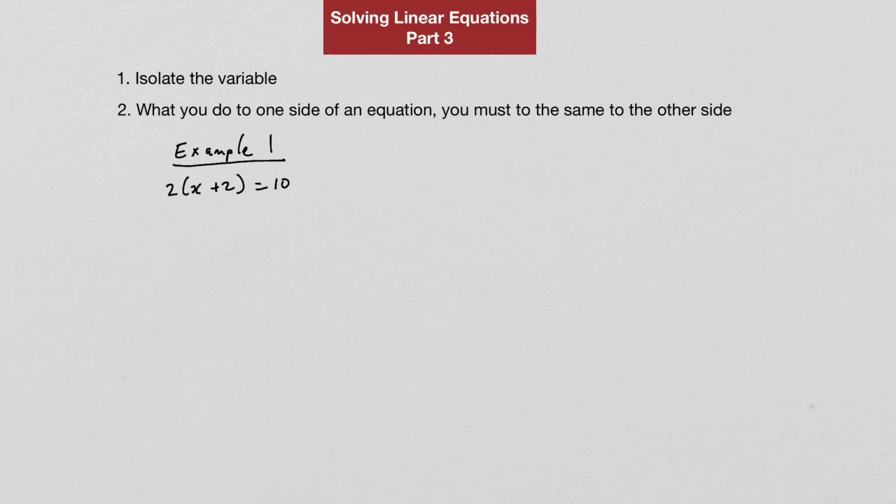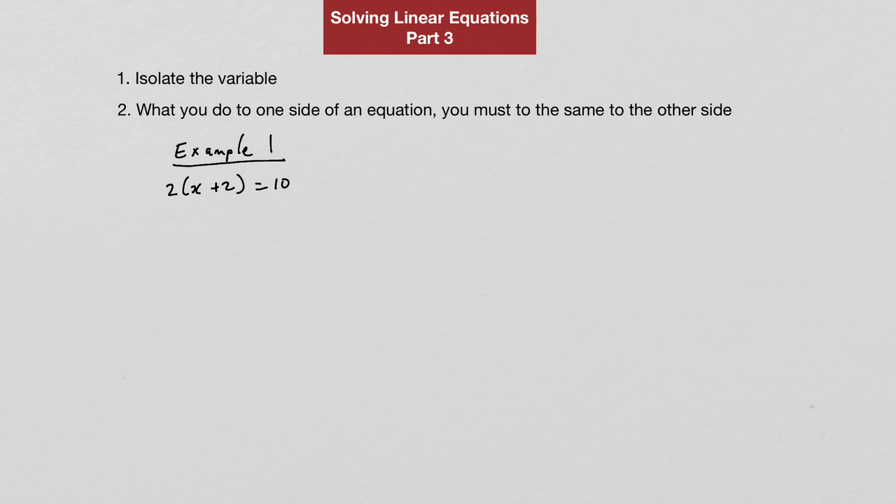Okay, now there are a couple ways of doing this, but I'm going to show you the simple way. Consider this quantity, x plus 2, as an entity, okay? And this number 2 outside of this entity, we're going to consider as a coefficient.